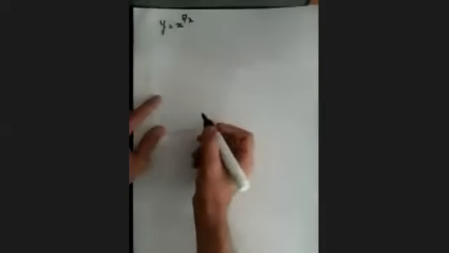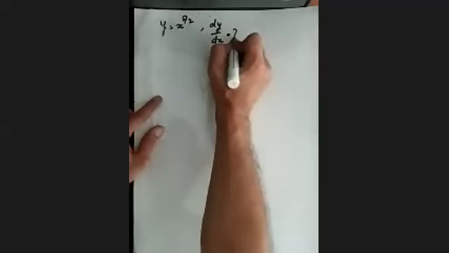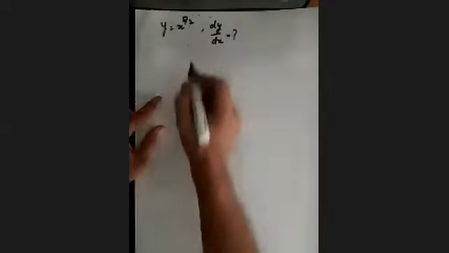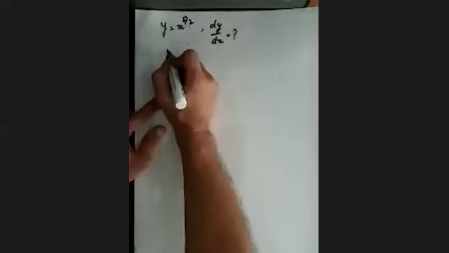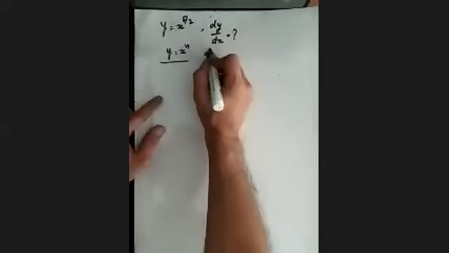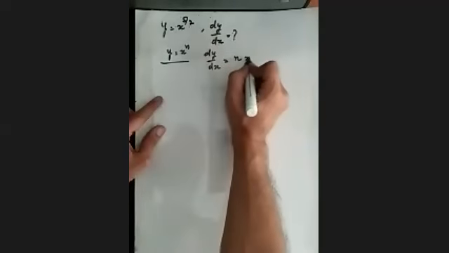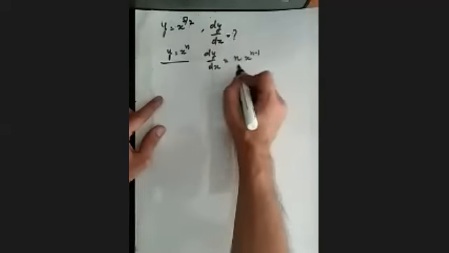So y is equal to x to the power 5 by 2. And we have to find differentiation of y with respect to x. So here it is similar to y is equal to x to the power n. So dy by dx for this expression is n x to the power n minus 1.